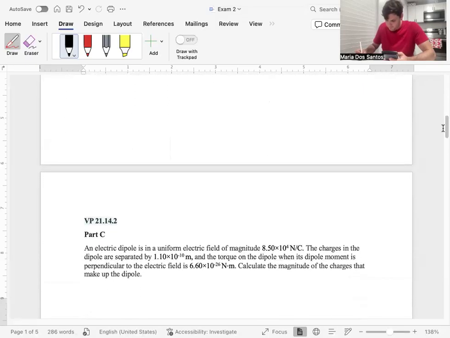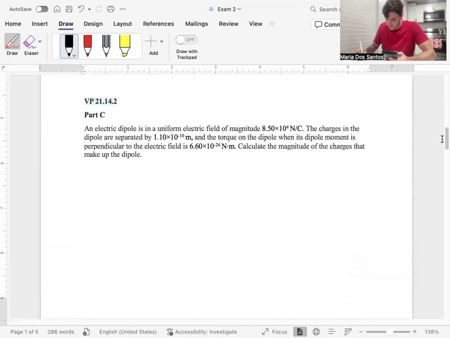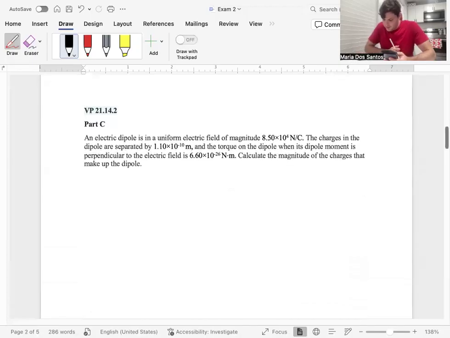Okay, part C. An electric dipole is in a uniform electric field of magnitude 8.50 times 10 to the power 4 newtons per coulomb. The charges in the dipole are separated by 1.10 times 10 to the power minus 10 m.